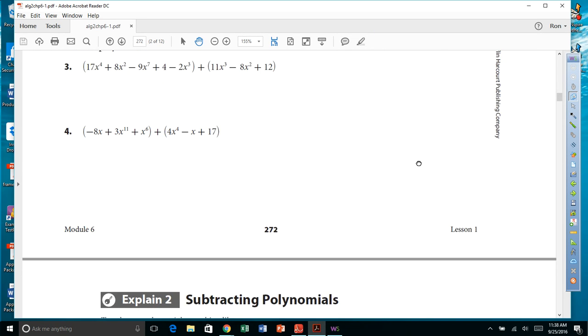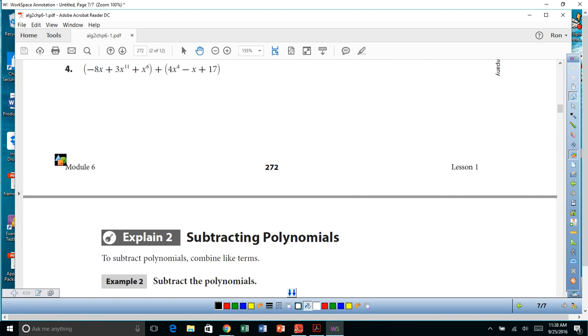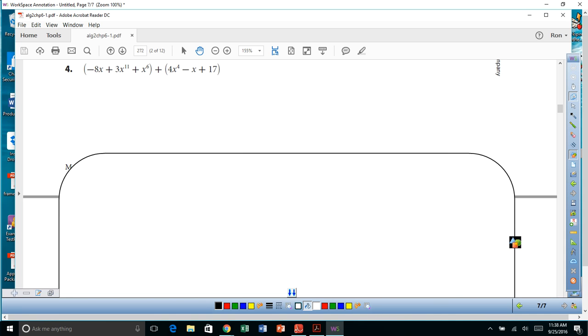Now let's try number 4. I may need some extra room here, so I'm going to hide that so it's out of the way. Now check first. Step 1, make sure it's in decreasing order.